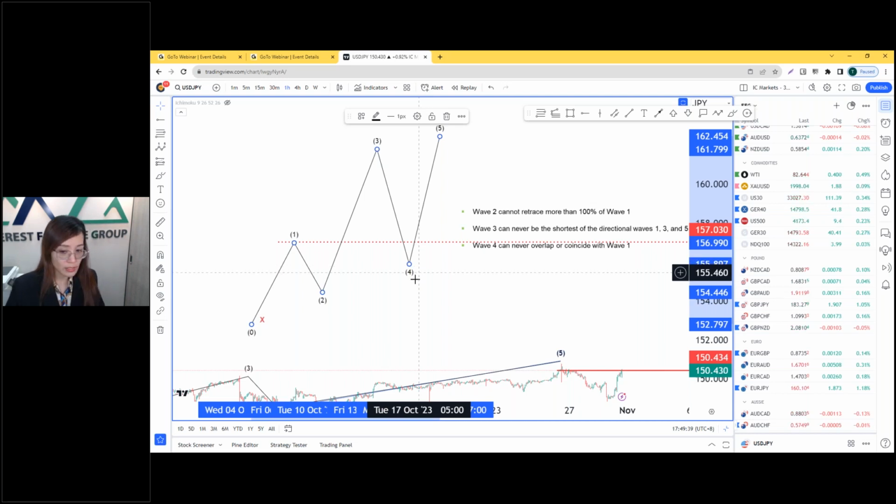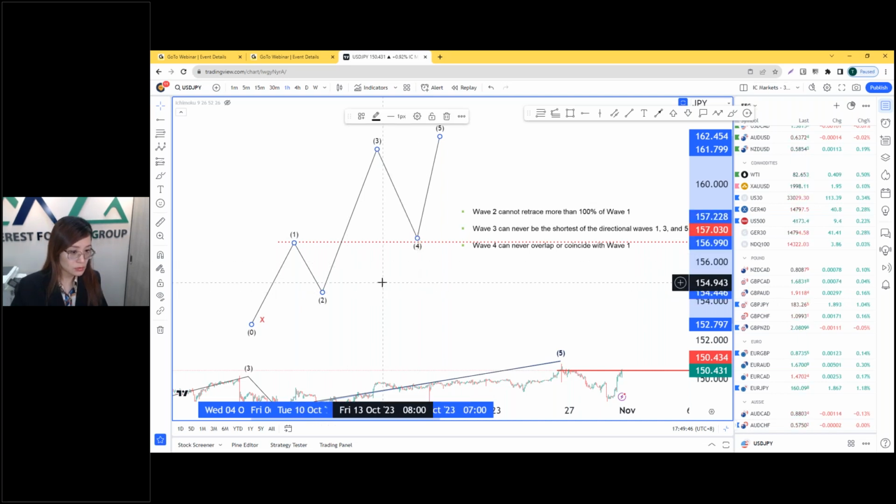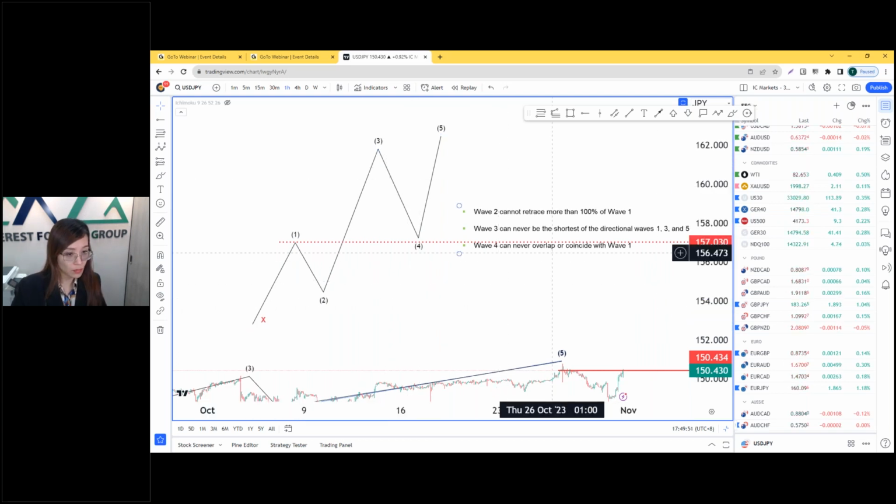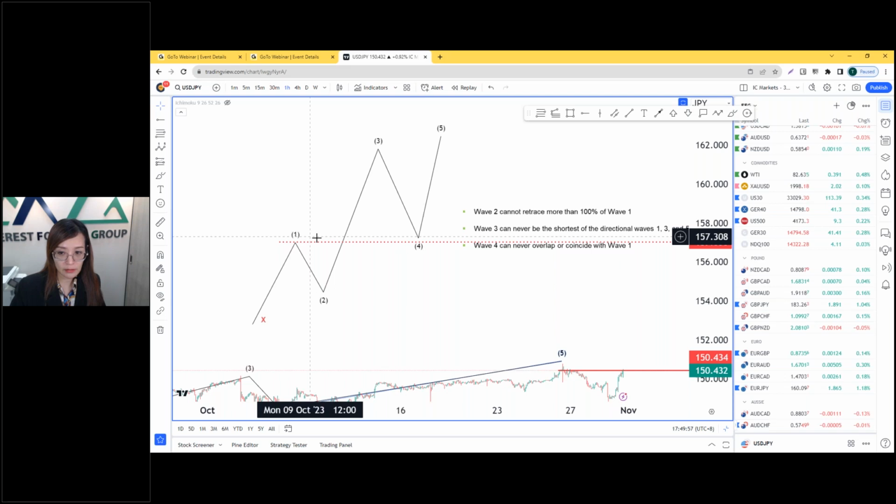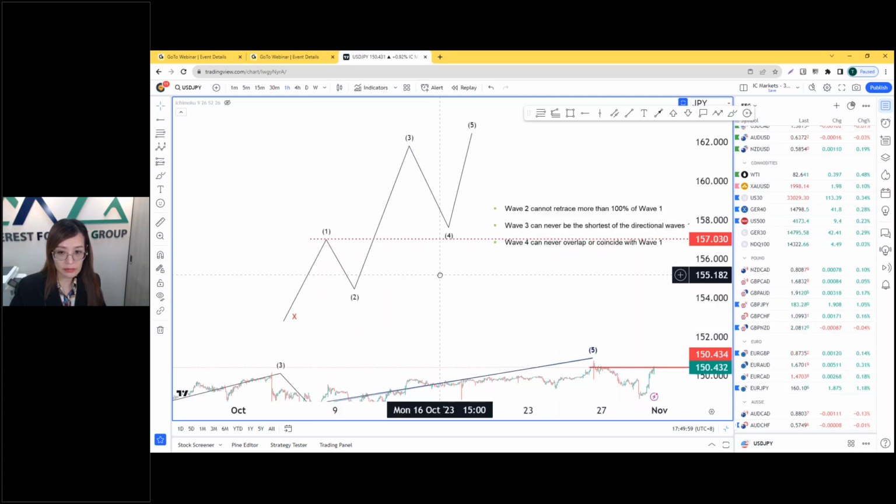If one of the three rules is not met, that is not going to be called Elliott wave anymore, so you need to follow them. If you want to trade Elliott wave, these are the rules that you need to follow. All of these rules have to be complete, and then you can trade Elliott wave.